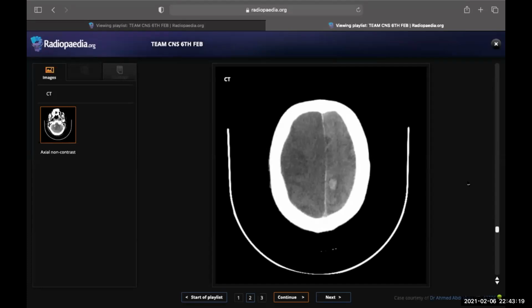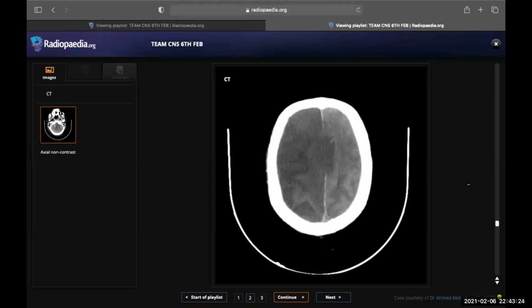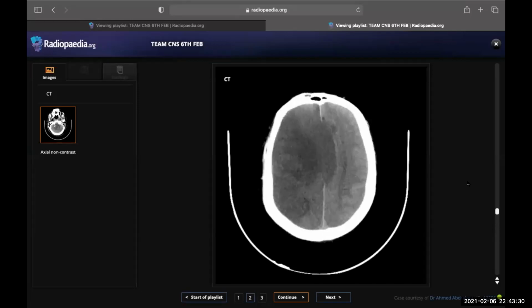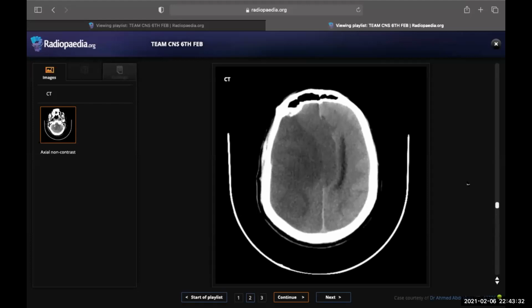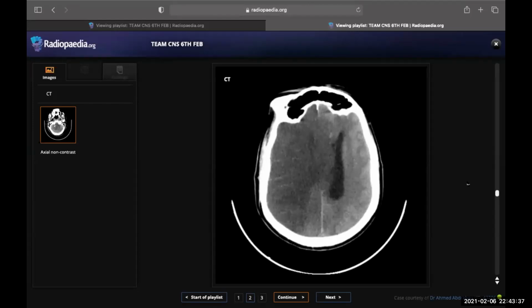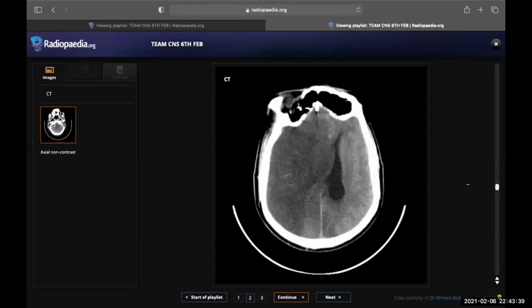Okay. So if you have to put it in one pathology, what will you put? What are you thinking? Think out loud. It can be a mass lesion with metastasis. Or otherwise, what is the other possibility?